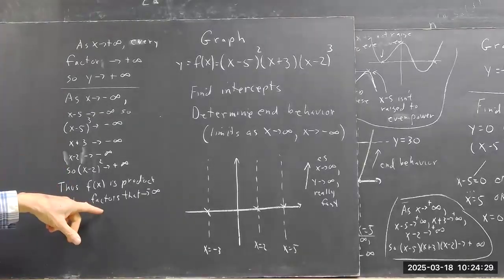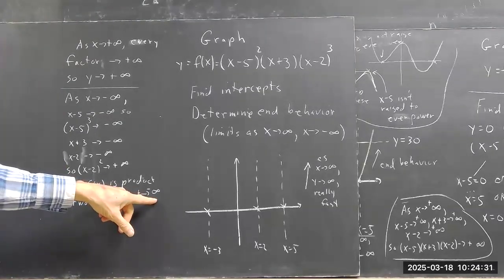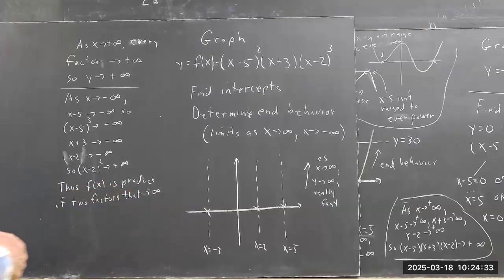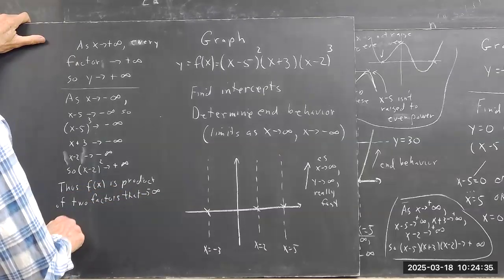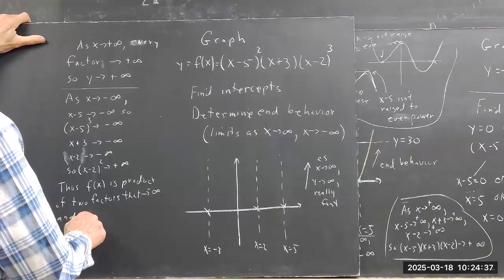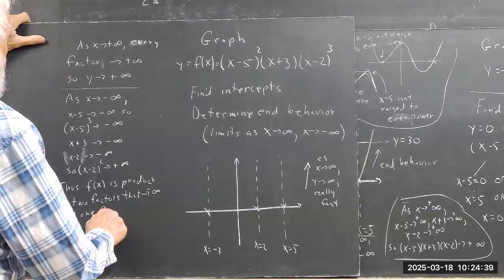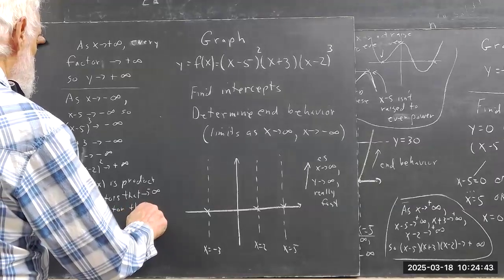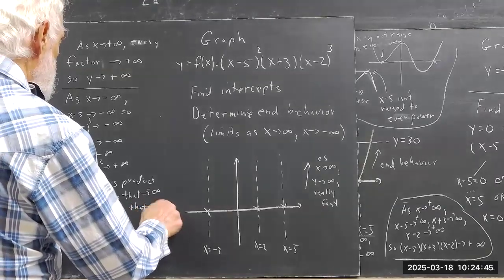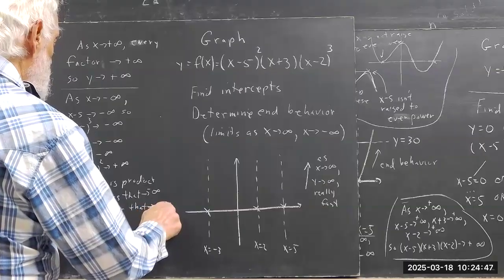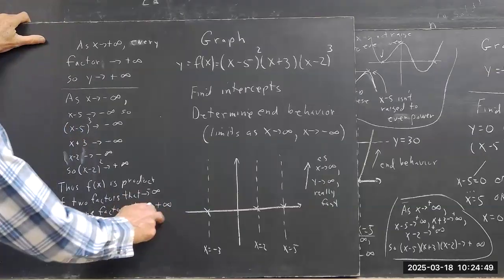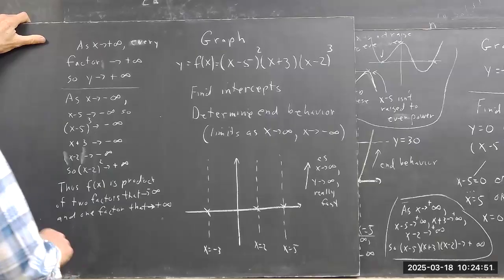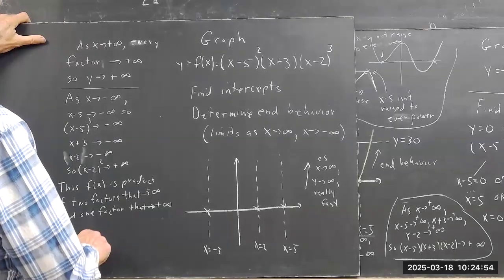f of x is a product of two factors that approach negative infinity, right? One factor that approaches positive infinity. We can write it out.